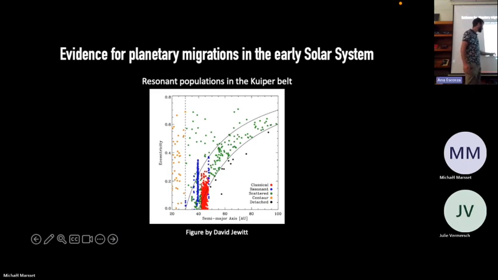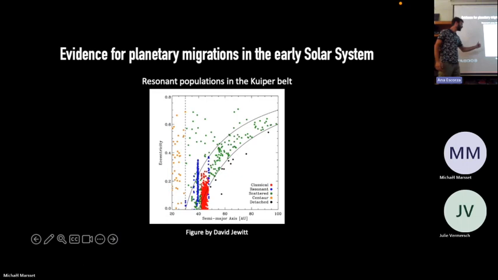These lines show perihelion distance, the closest distance to the sun, at 30 AU. Neptune will be here, and this is 40 AU. It's called the scattering disk because these objects strongly interact with Neptune, and sometimes they get scattered inward and become centaurs, a transitioning population between Kuiper belt objects and short period comets.